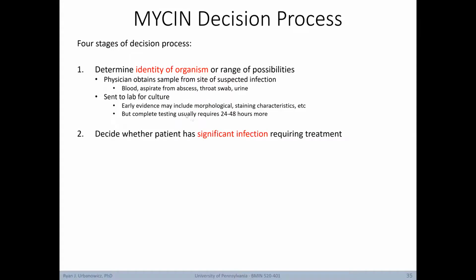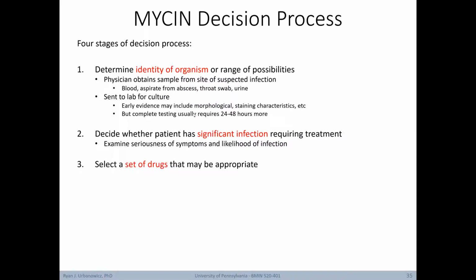Next, the system decides whether the patient has a significant infection requiring treatment. This involves information about the seriousness of symptoms and the likelihood of infection. Next, MYCIN tries to select a set of drugs that might be appropriate given the identity of the organism and whether the infection was significant or not.